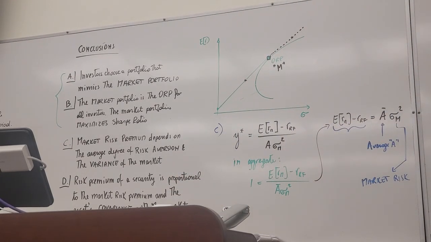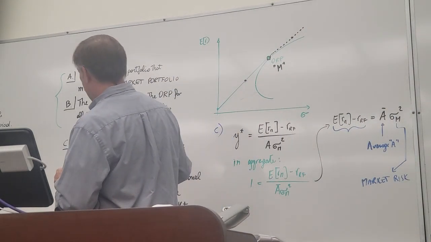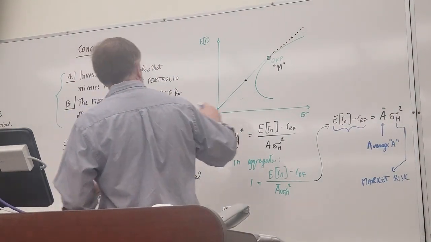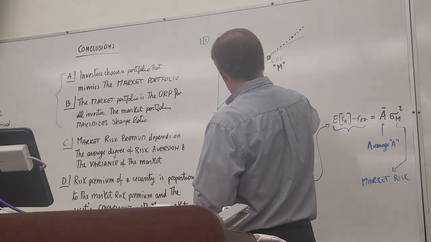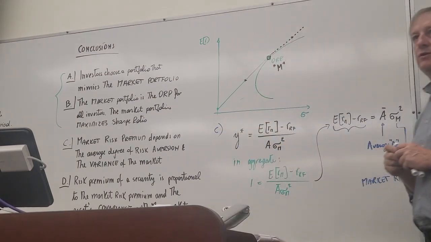Now, part D is complicated. Let's rewind a little bit. We said M is the one that maximizes the Sharpe ratio, right?